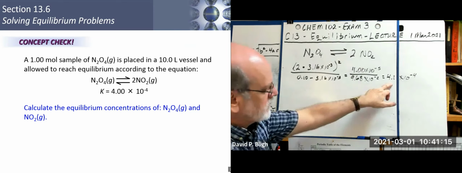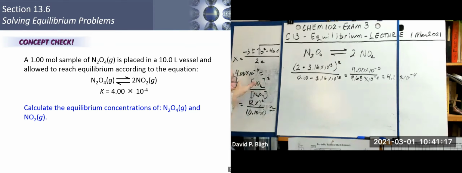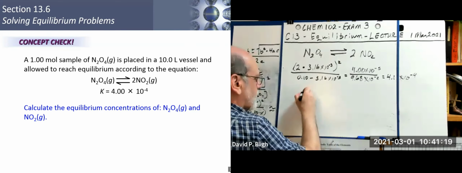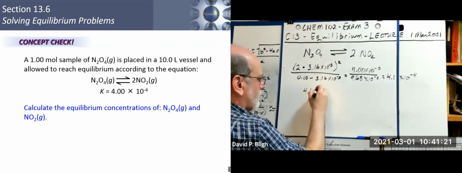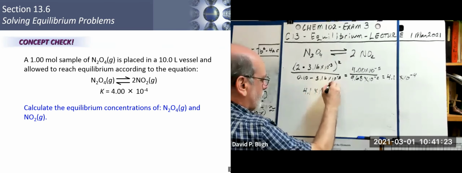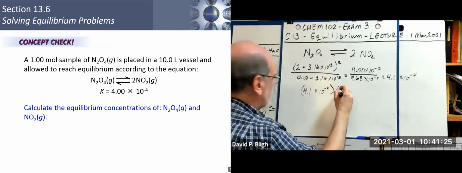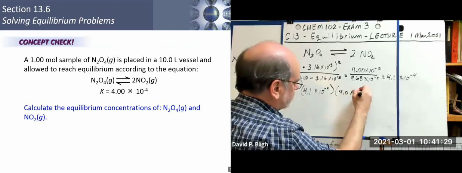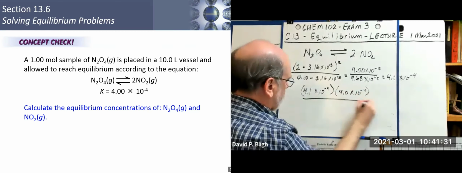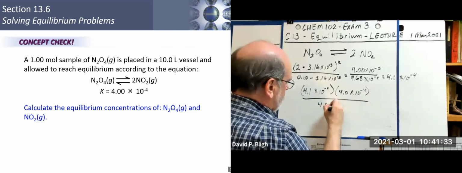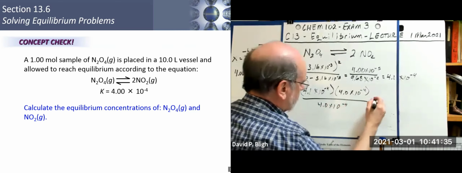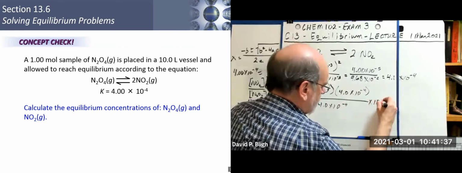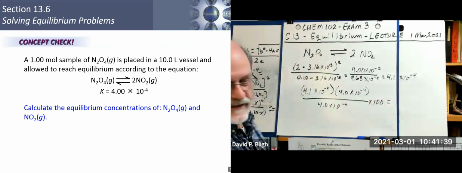So we take this one minus that one divided by that one. And let's see what we get.